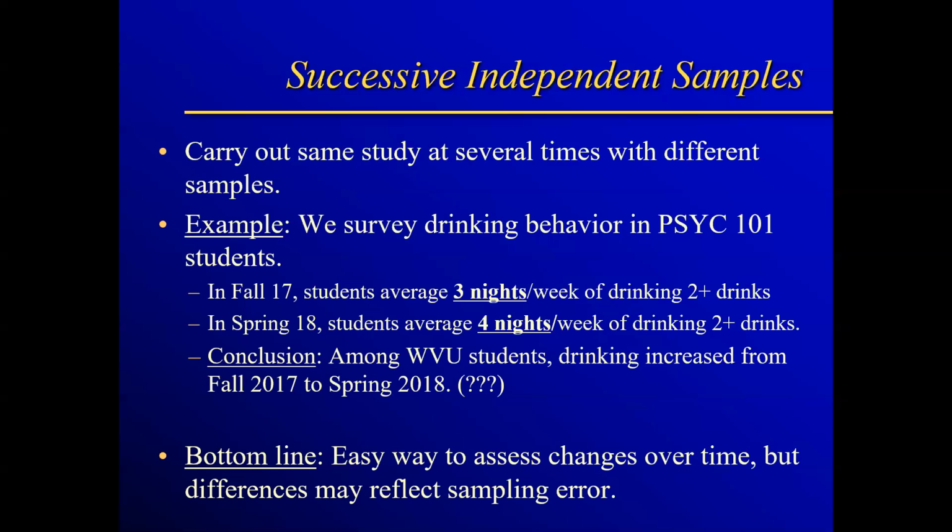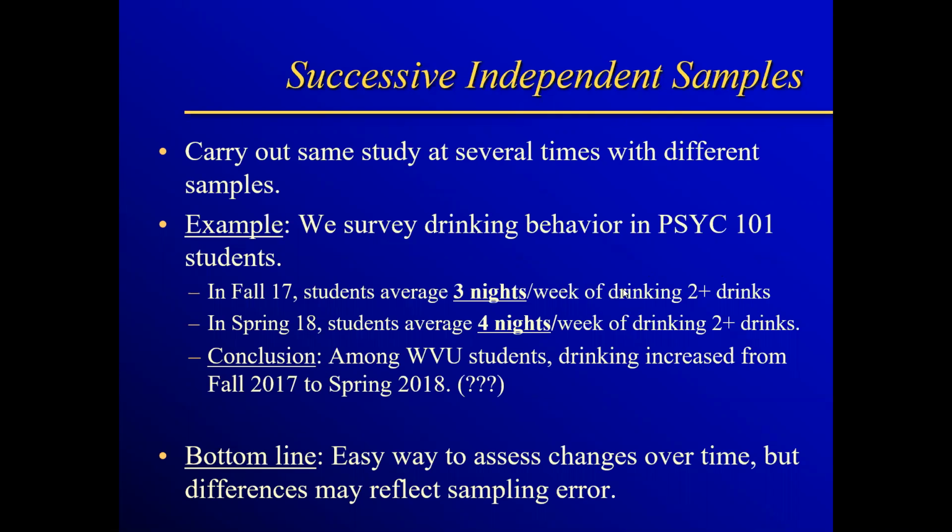Maybe it's nicer to be outside. At any college, there's a lot of drinking that happens outside, and people are more likely to drink in a social setting. So maybe that's one of the explanations for why there's more drinking from fall to spring. Anyways, a successive independent sample is an easy way to assess changes over time, but any differences we find may reflect sampling error or biases.